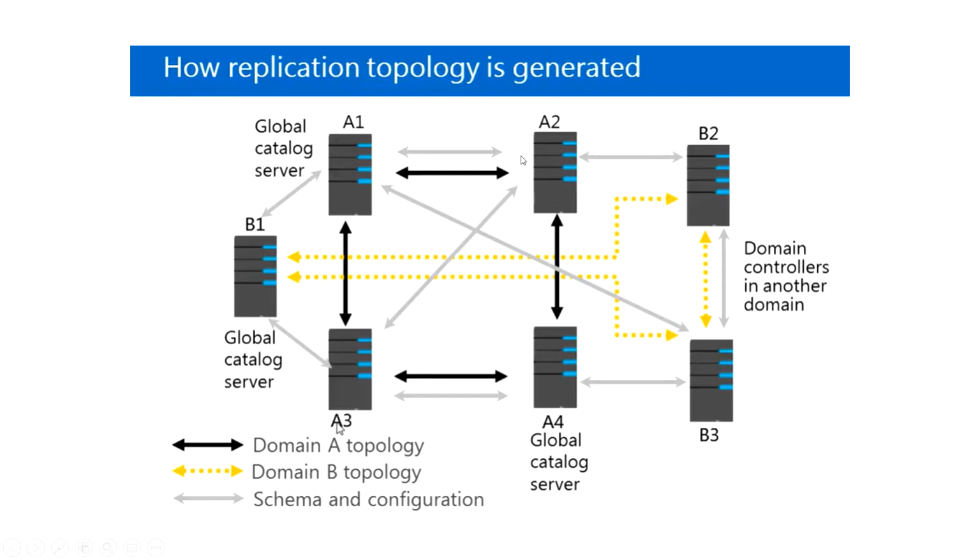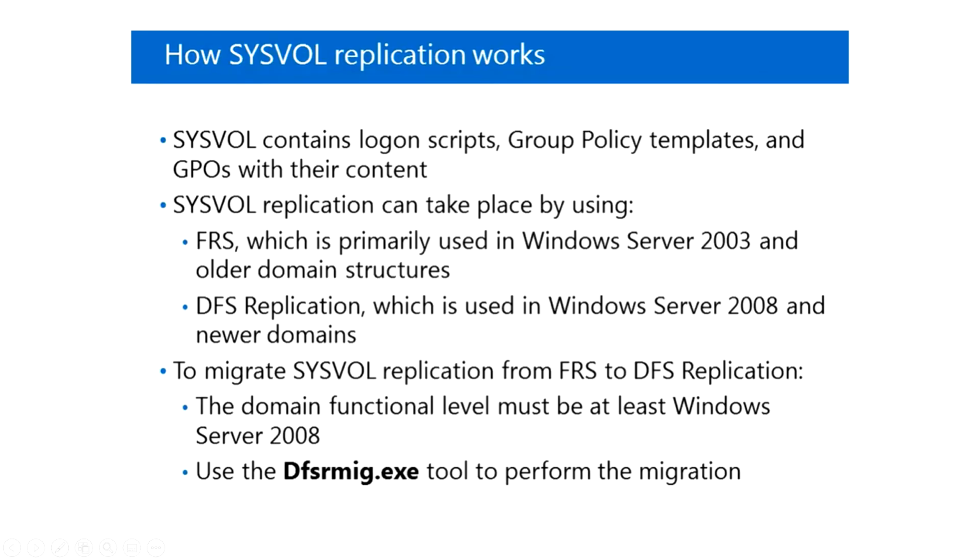Then when you add another domain controller, called A2, the replication will happen between A1 and A2. And when you add another domain controller, A3, the replication will happen from A1 to A3. So that's how it does the replication across multiple domain controllers.